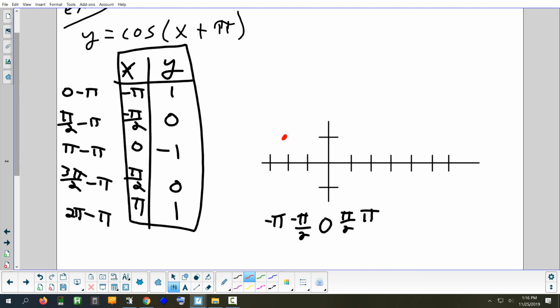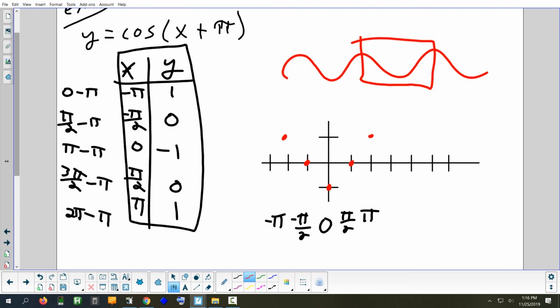So -1, 0 is my y-intercept. Pi over 2, 0. Pi, 1. Now, it looks kind of like a V, but remember, it's the middle part of the wave, that's all. So try to make it look a little bit curved. Like that.